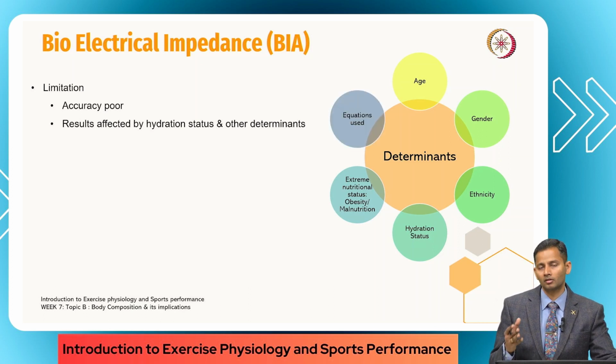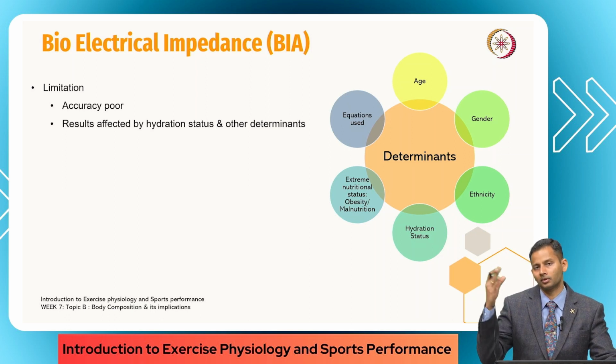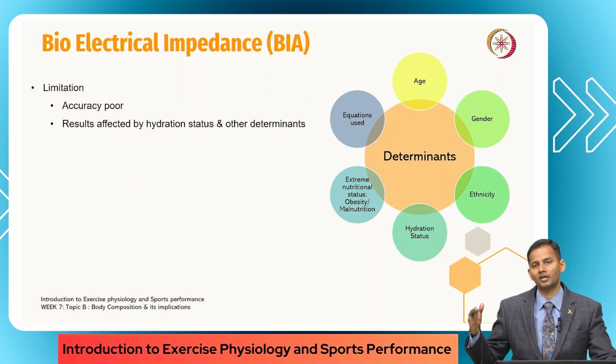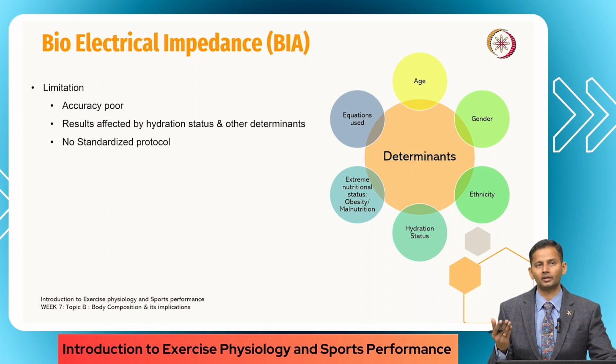In addition, these are all mainly equation based, so it is important to have the same set of equations, or the equation should be chosen as per the physical activity level of the individual and as per the different training phase in which the individual is. So accordingly, the interpretation of the values has to be made by the concerned measurer or the interpreter.